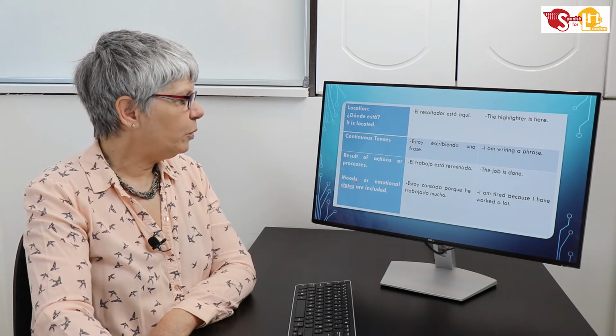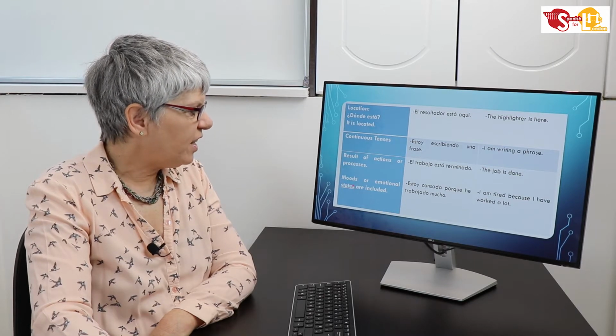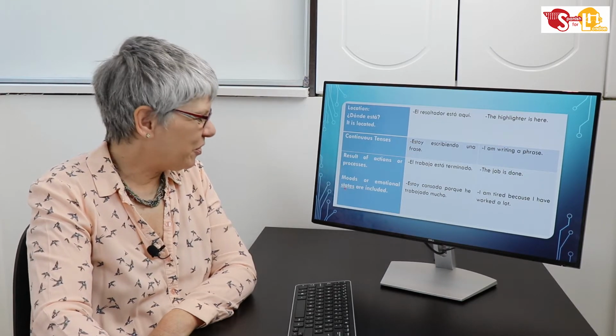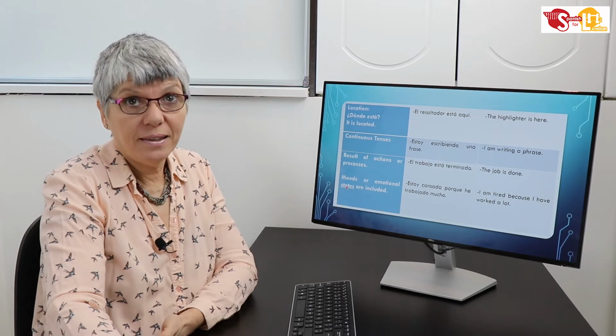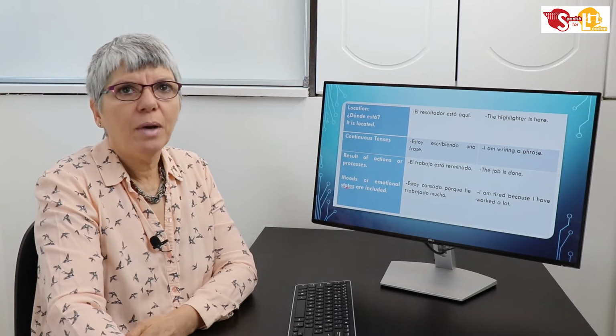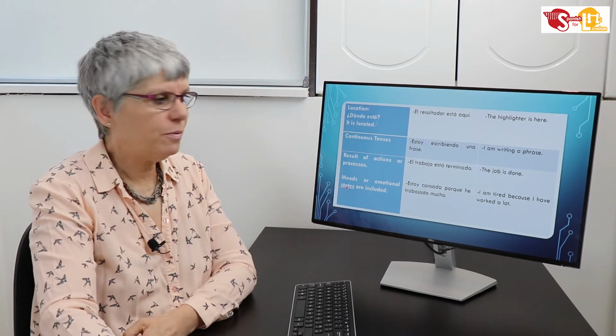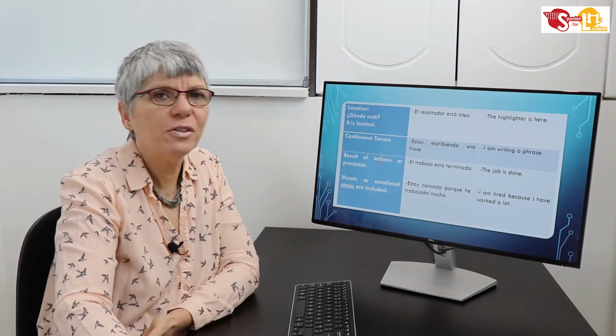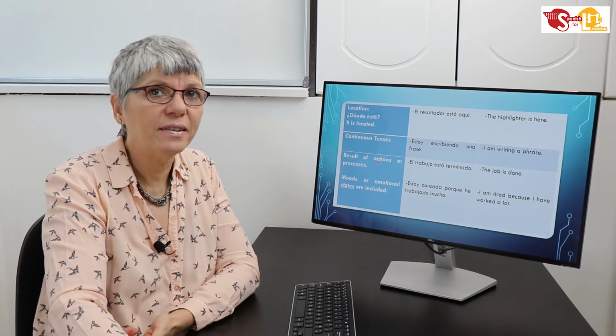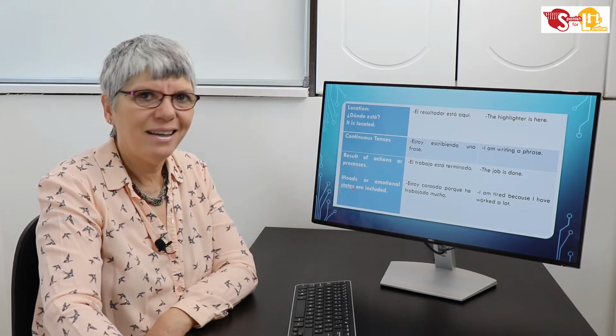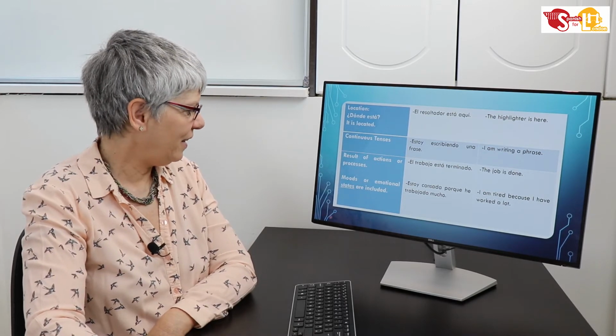As you can see, moods or emotional states are included here. So for states, we use estar. So when you want to say, I am happy, I am sad, I am tired, I am anxious, it's because something happened. So it's a result of a particular situation. That's why we use estar in this case.